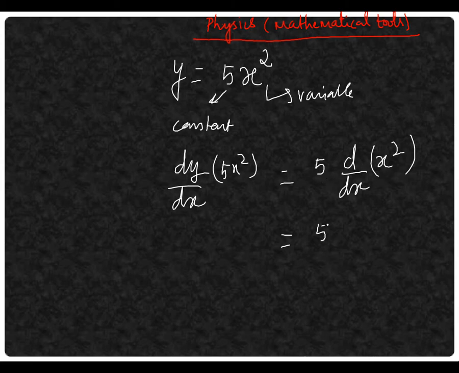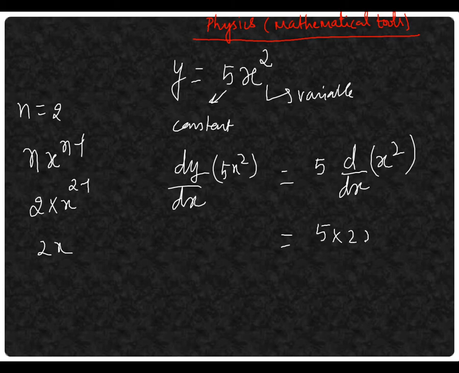Now finding the differentiation of x square, what is the value of n? The power is 2. We know the formula n x to the power n minus 1, so it is equal to 2 into x to the power 2 minus 1, that is 2x. So 5 times 2x is equal to 10x. So our answer is 10x.